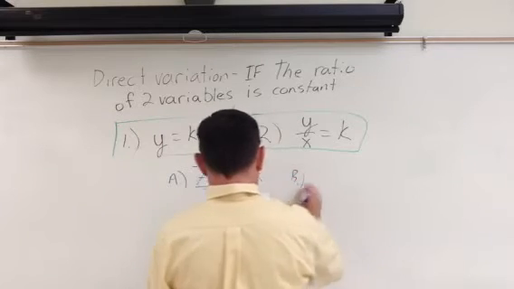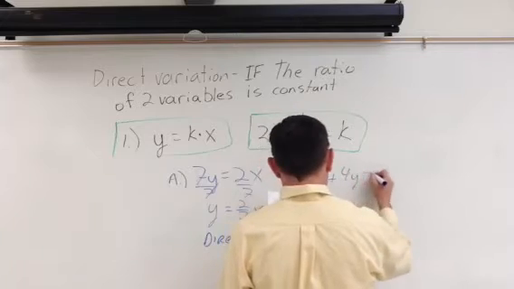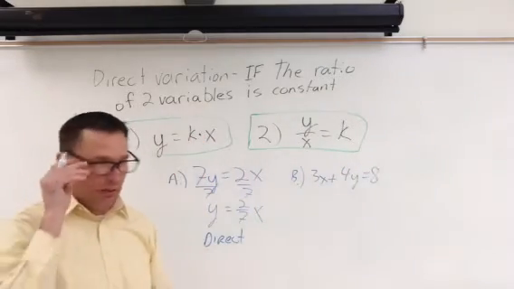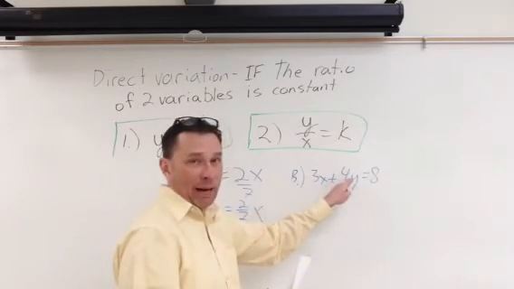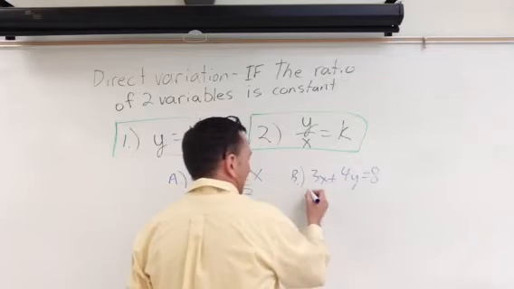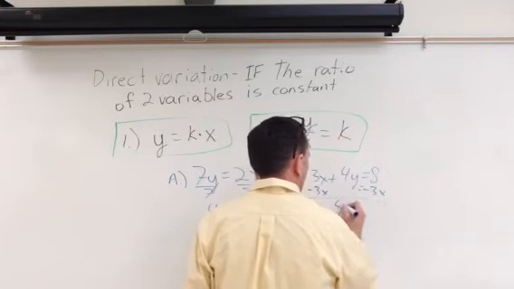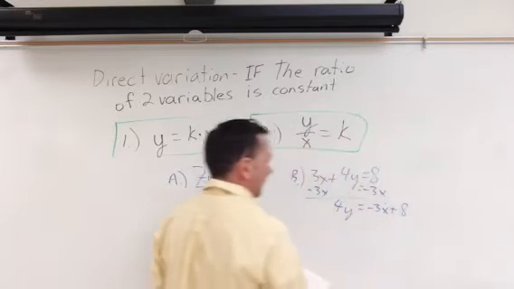Letter B. We have 3x plus 4y equals 8. Trying to get y by itself. So this is going back earlier in the year, trying to get the y value by itself. We start by adding opposites. We're left with 4y equals negative 3x plus 8.